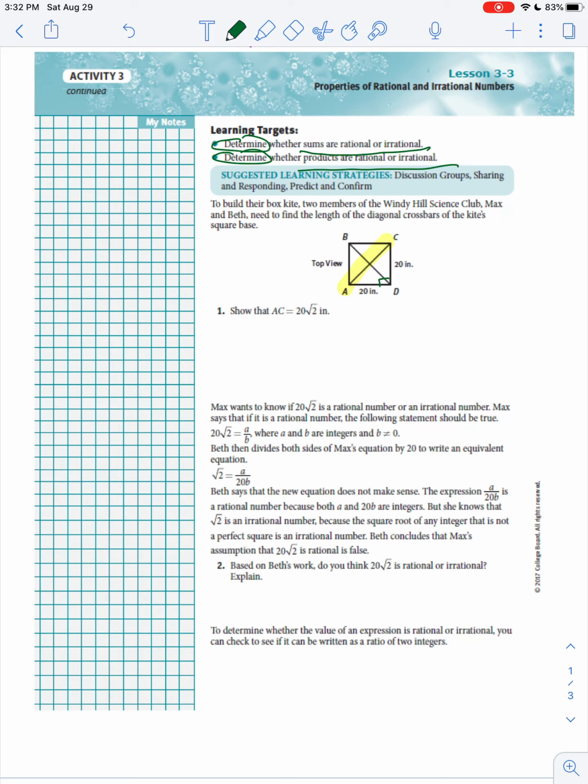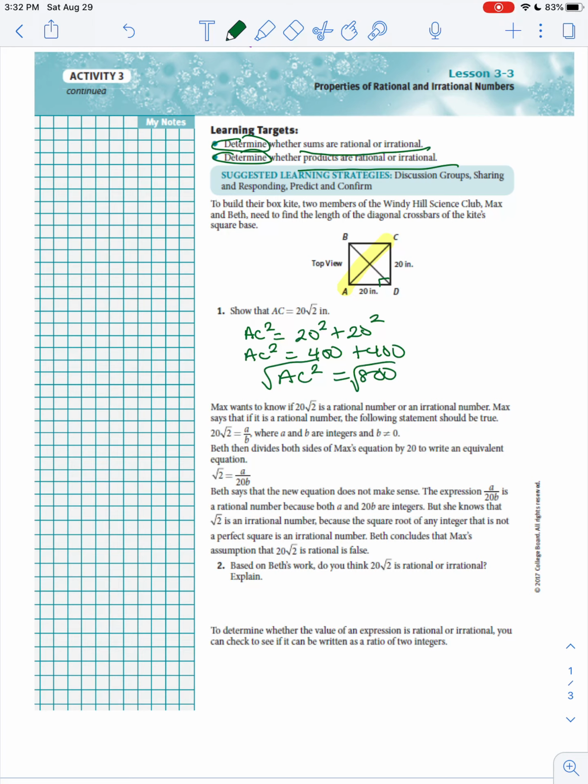I could use the Pythagorean theorem, which says AC squared, the hypotenuse squared, equals the sum of the squares of the legs. So 20 squared plus 20 squared. If I add 400 plus the other 400, I get 800. AC squared equals 800.